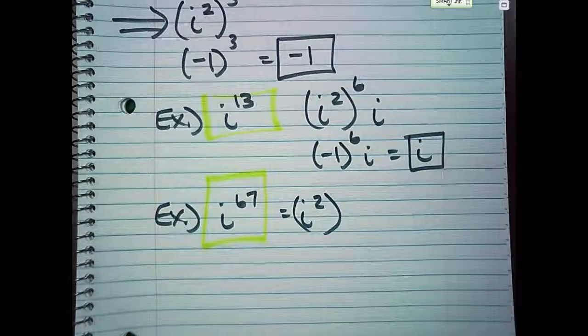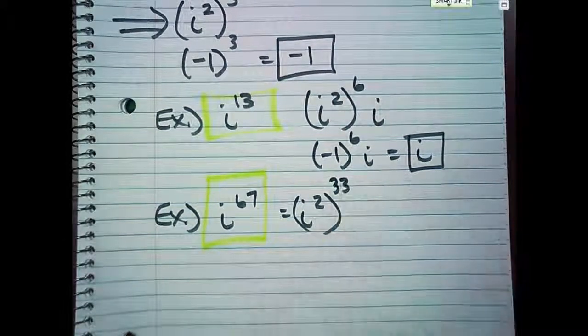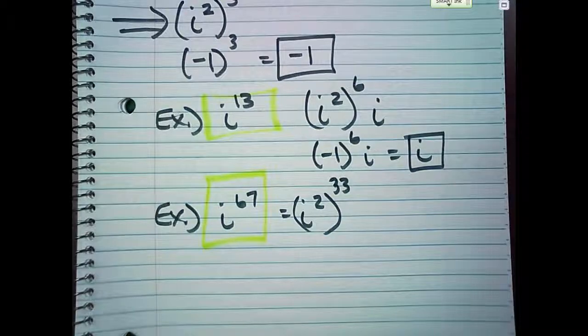And then you have to decide if there are any i's left over. How many fit in to 67? 33 groups gives you 66 i's, right? Do I have any i's left over?